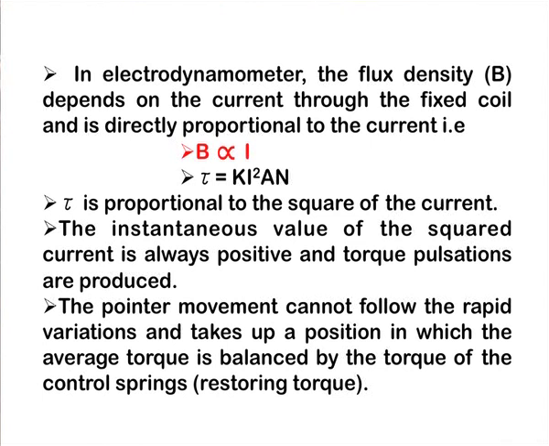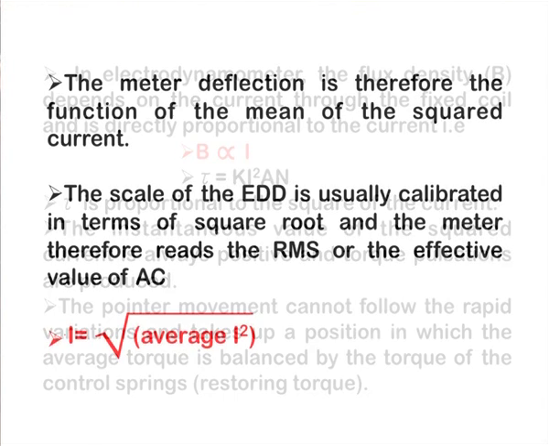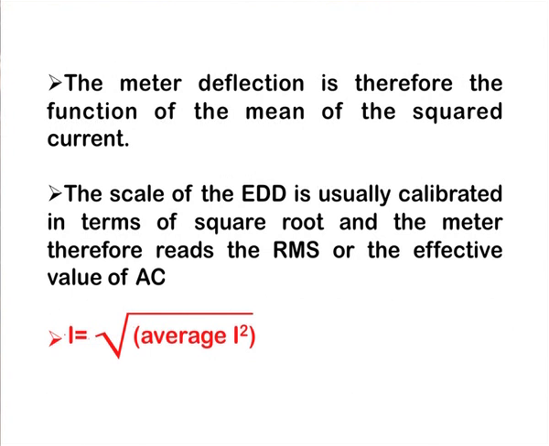Now, since we are measuring the AC, due to the variations in this AC signal, the pointer will deflect to and fro, and at high frequencies, since the signal is varying, the pointer will become static at a particular point, and this point can be said to be the average of the signal.